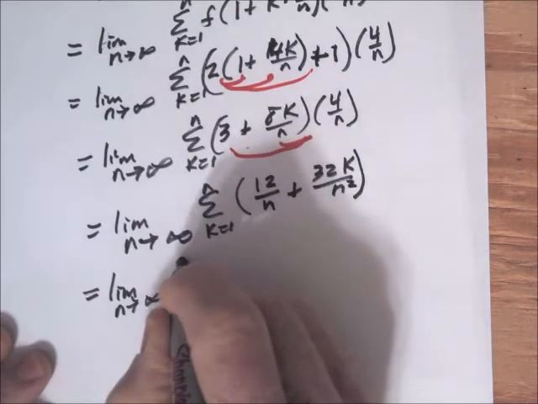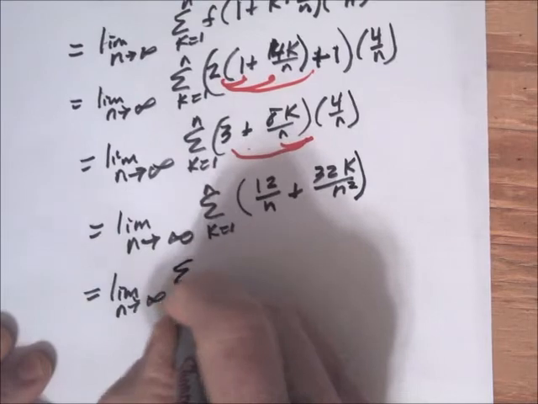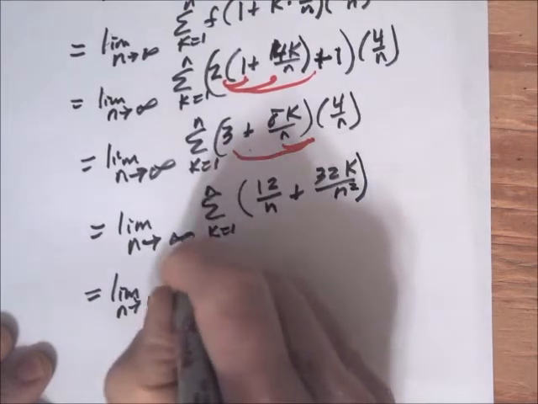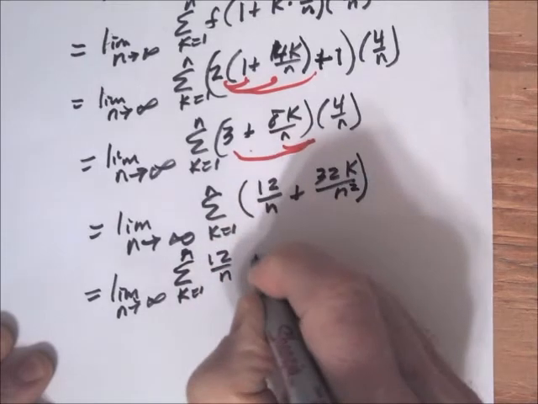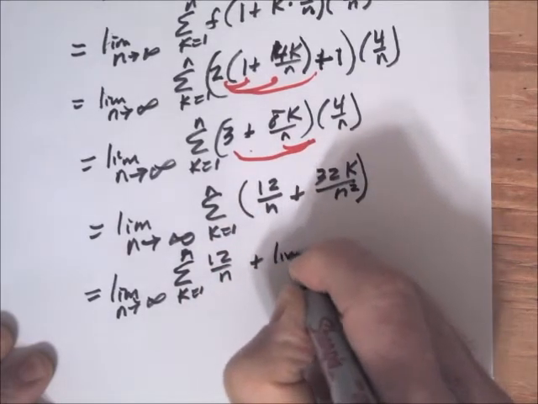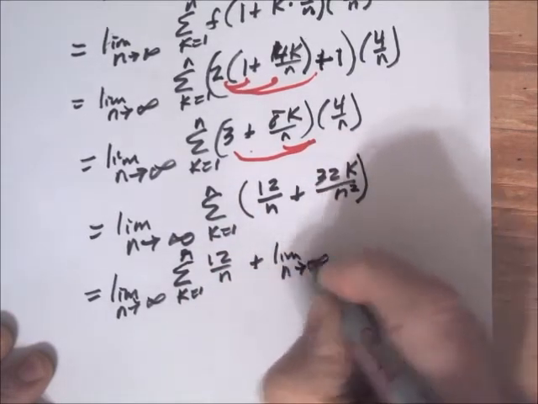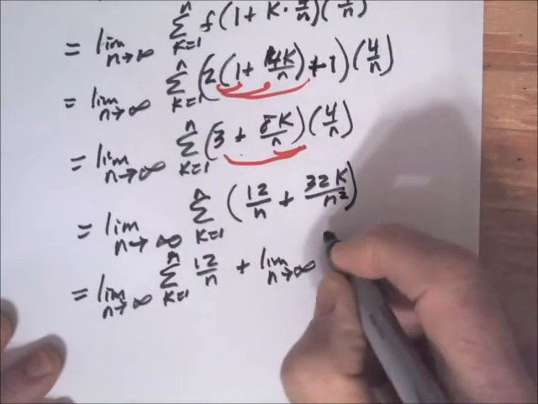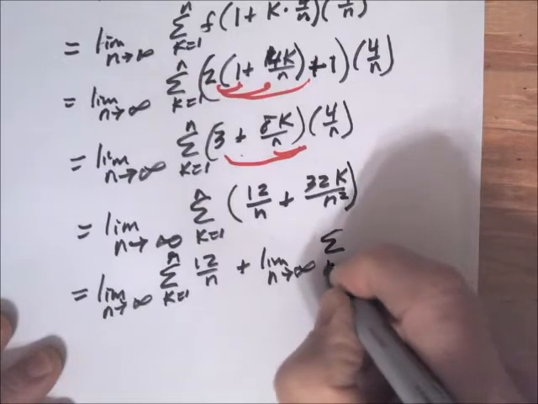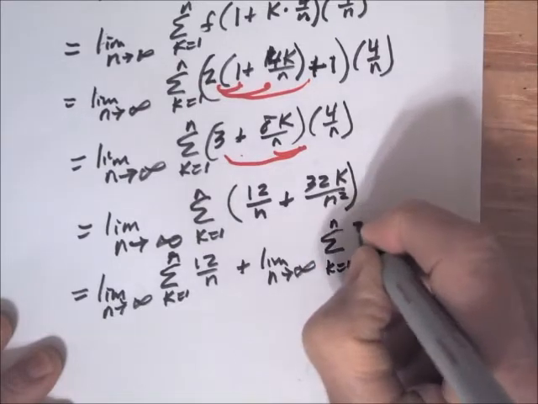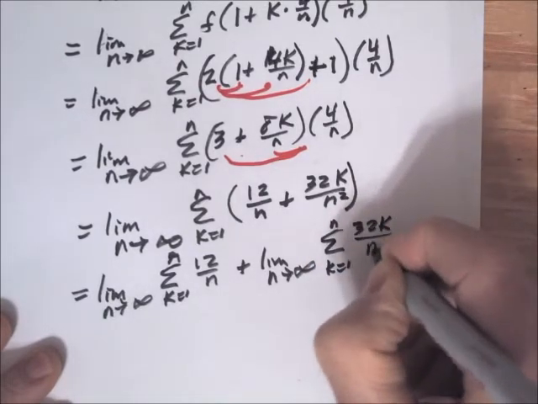Might as well do the whole thing in 2 pieces: the limit as n goes to infinity of the summation k equals 1 to n of 12 over n, plus the limit as n goes to infinity of the summation k equals 1 to n of 32k over n squared.